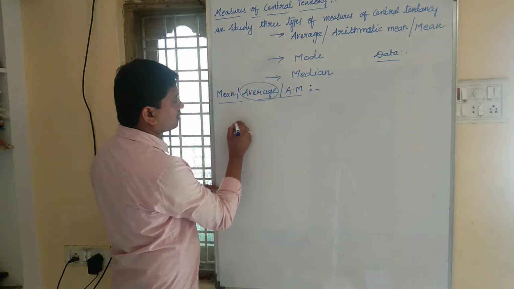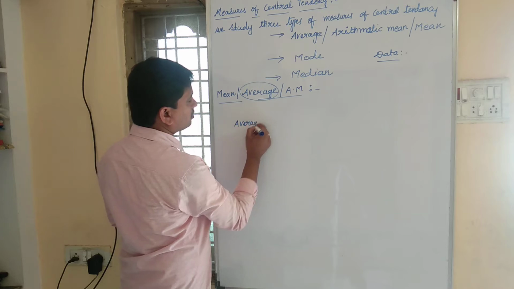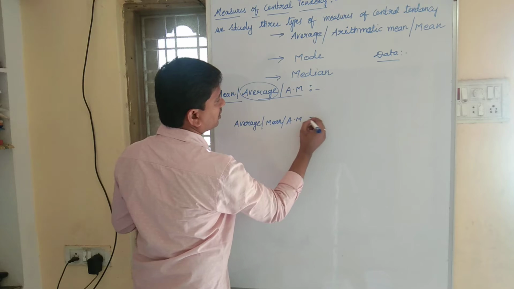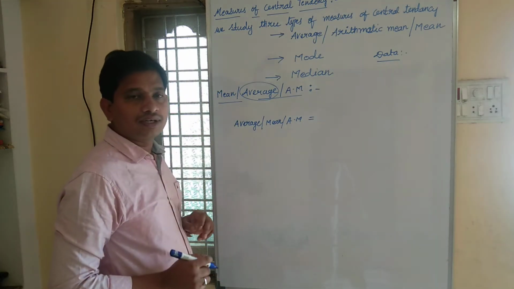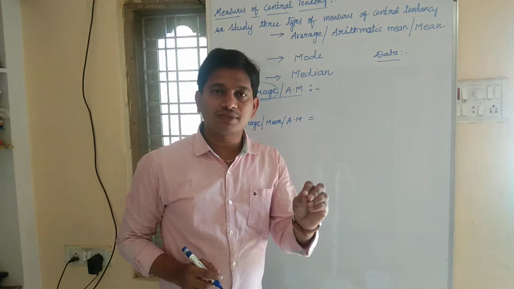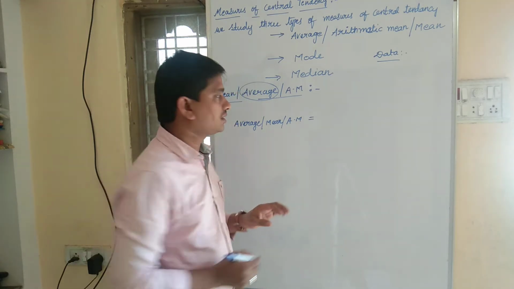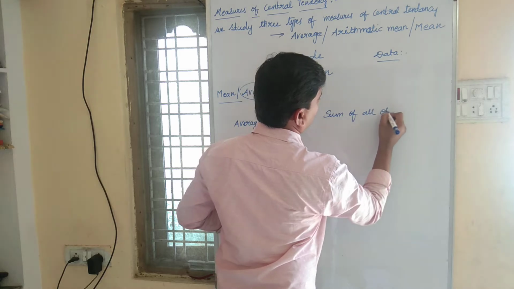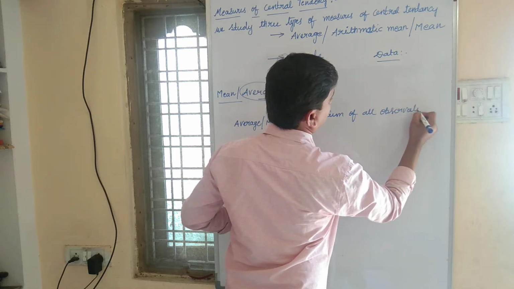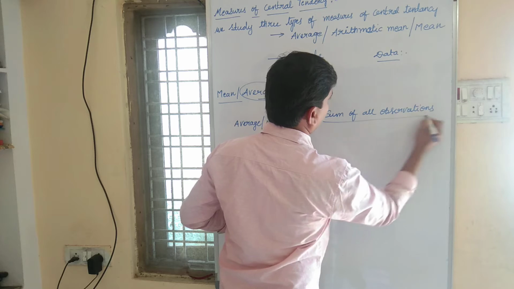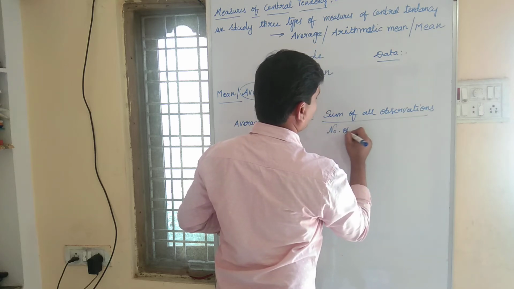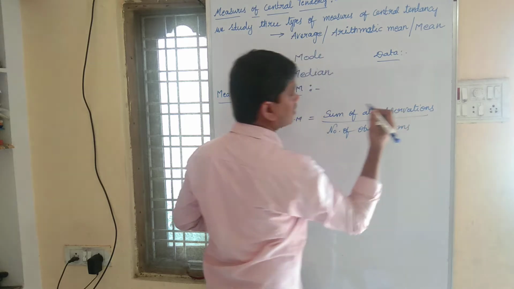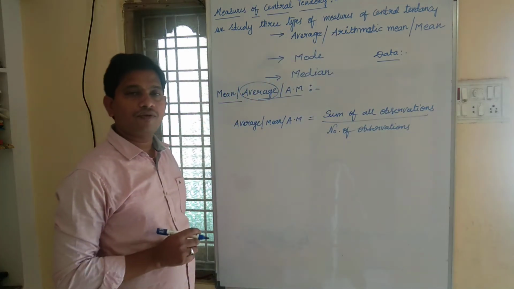Average or mean or arithmetic mean is equal to sum of all observations by number of observations. Sum of all observations by number of observations.